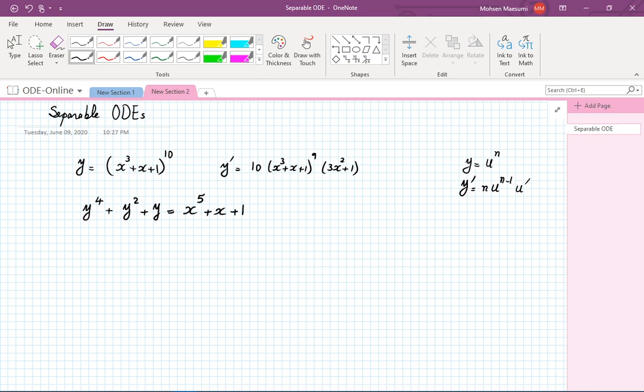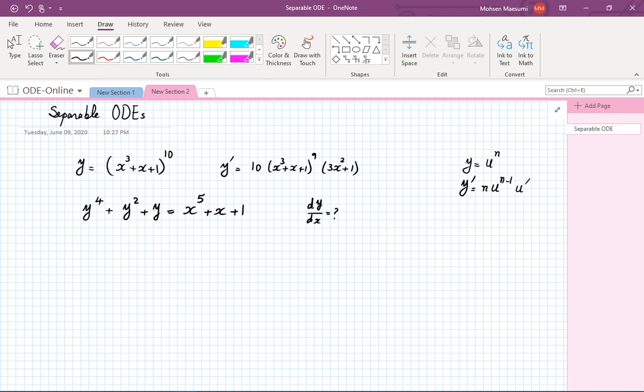There was a topic in calculus under implicit differentiation where you would be asked to find the derivative, that is, find, for example, dy/dx. And this example that we are taking is a special case of that.